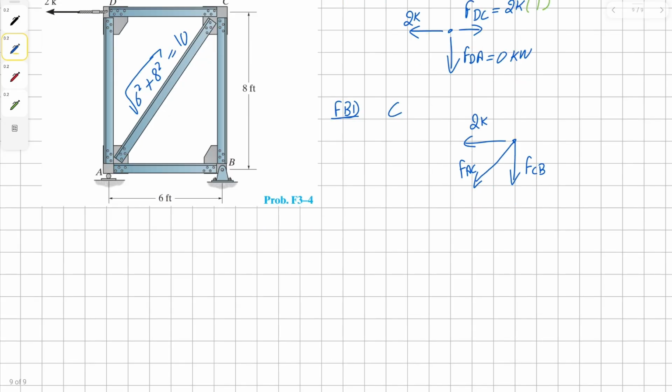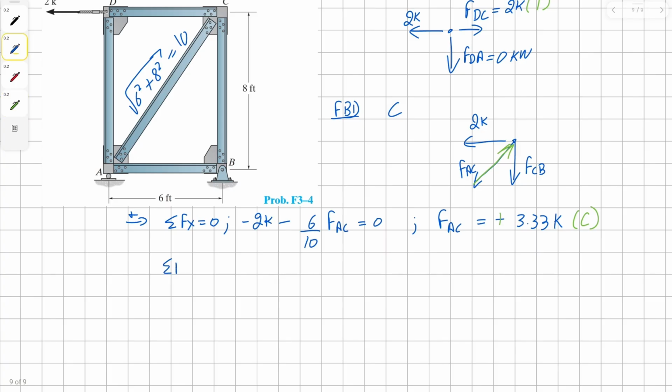Now let's sum the forces in x direction. We have negative 2k, and we have negative 6 over 10 times force AC equals to 0. Solving for force AC, we get our solution as negative 3.33k, and this means we have assumed our vector to be in the wrong direction, and this member is going to be in compression.